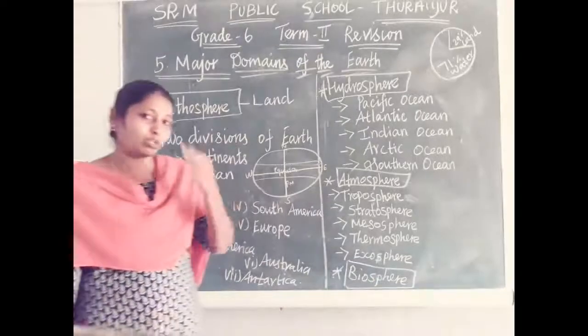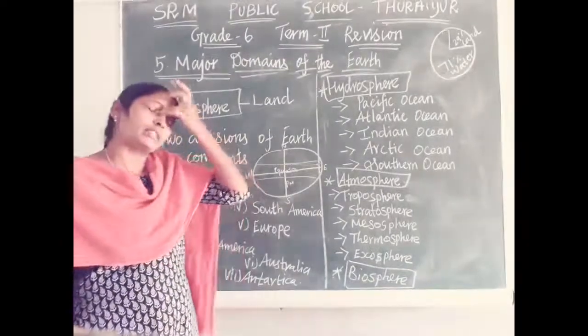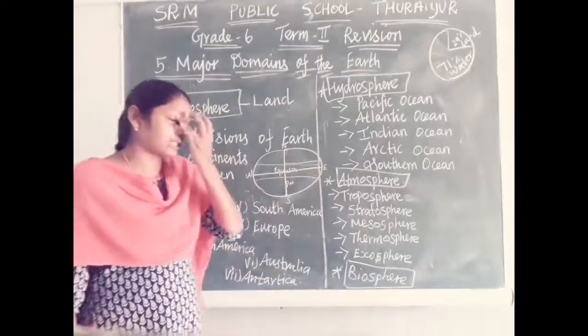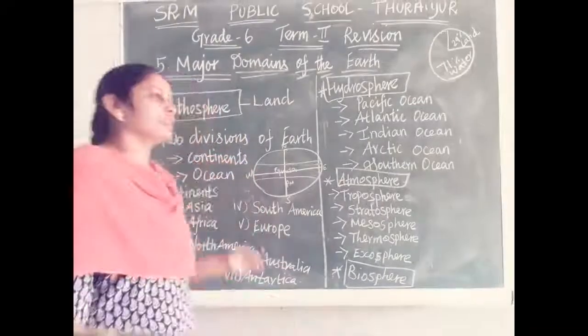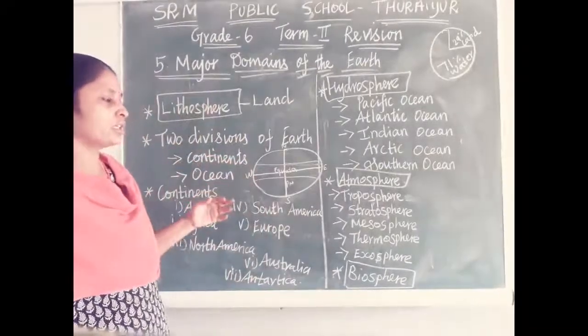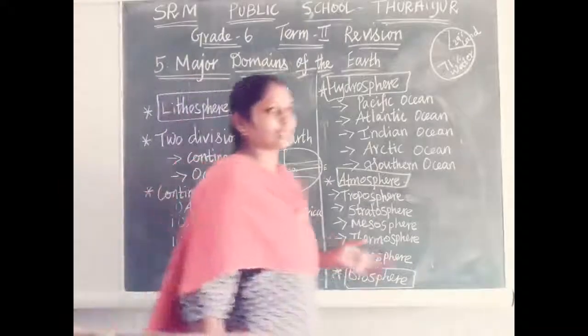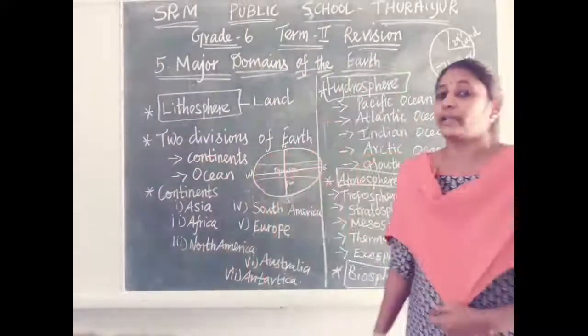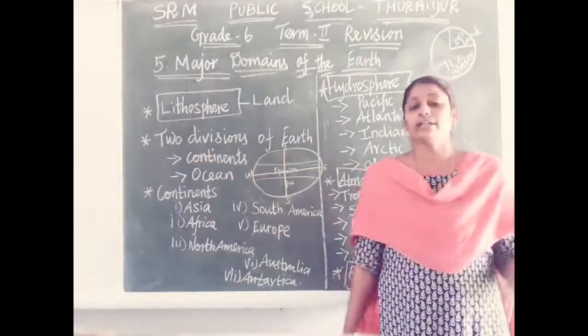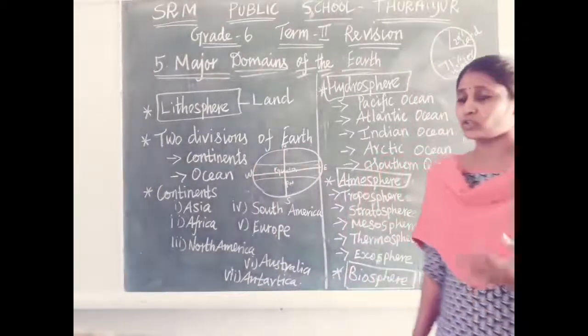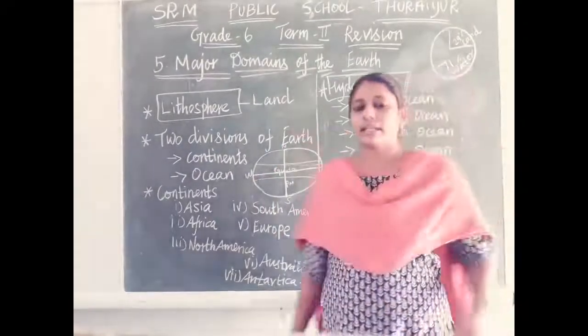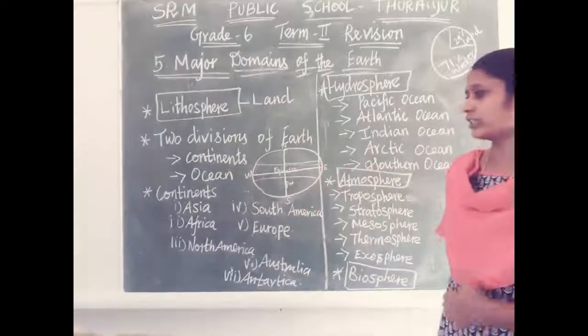That's why it is the hottest continent. The world's largest desert, the Sahara Desert, is located in this continent, and the world's longest river, the Nile, is present in this continent alone.